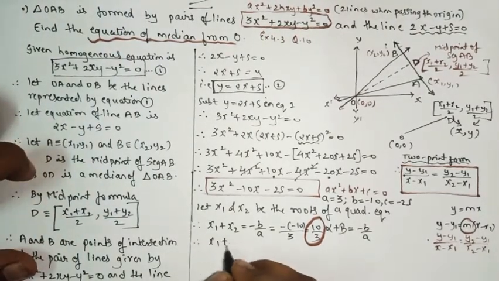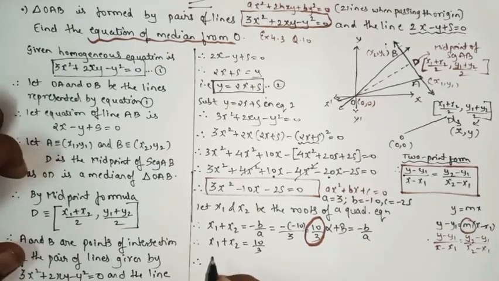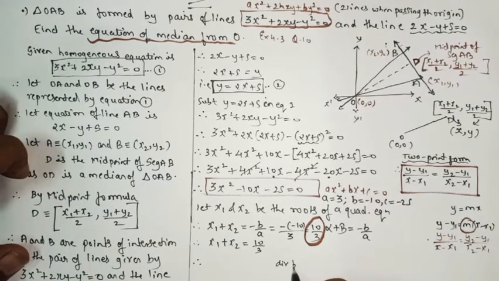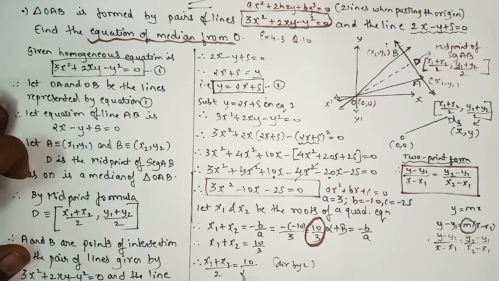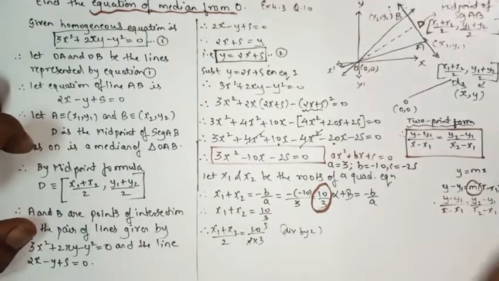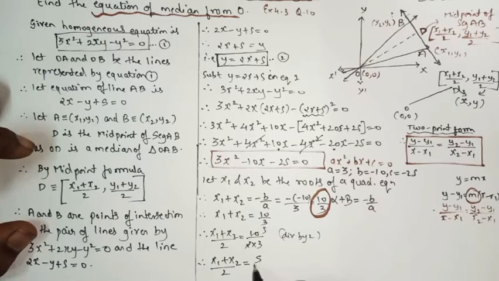Now listen here. We have x1 plus x2 equal to 10 by 3. Simply we'll divide the left hand side and right hand side by 2. So what we will get, x1 plus x2 upon 2 equals 10 upon 2 into 3. Two ones are 2, two fives are 10, so we are left with x1 plus x2 upon 2 equals 5 by 3.